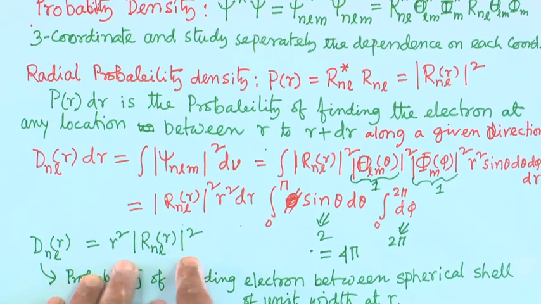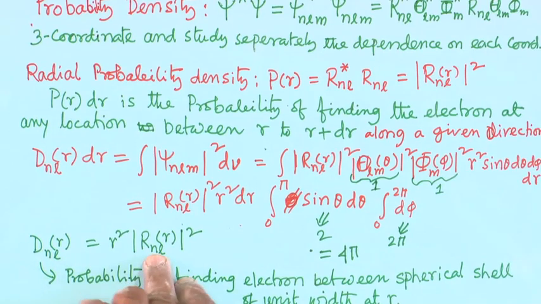So, what is the meaning of this D_nl as a function of r?